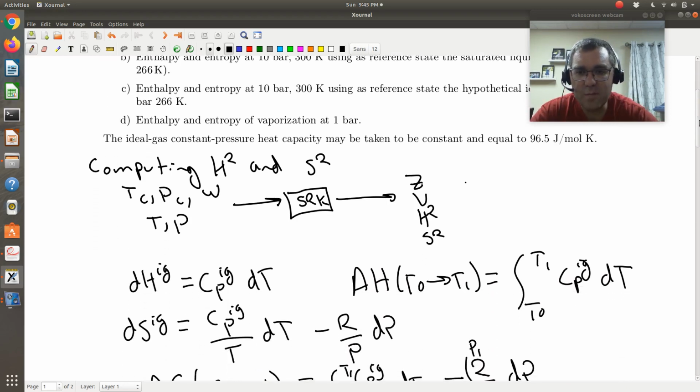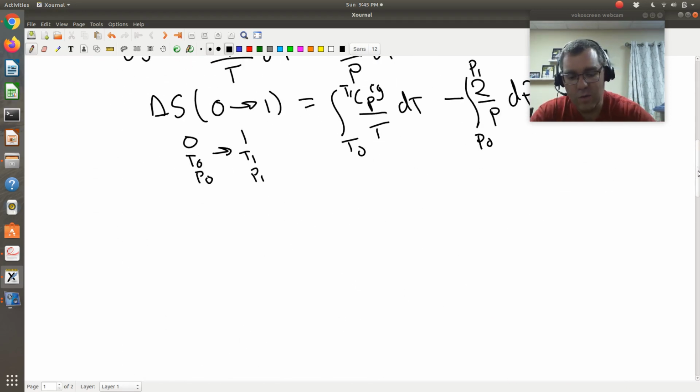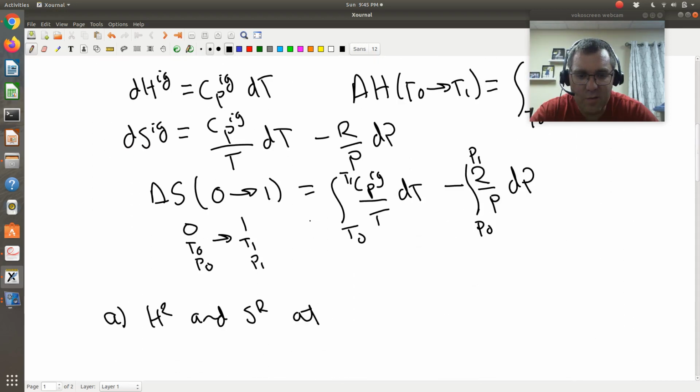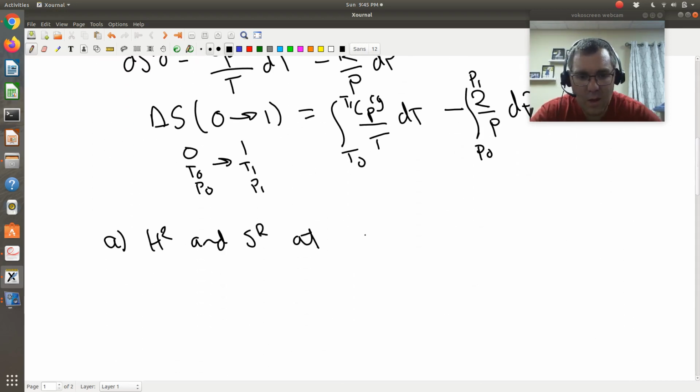Okay. All right. So in problem A, you're asked to calculate HR and SR at a given temperature and pressure, 10 bars, 300 Kelvin. So this one's pretty straightforward.